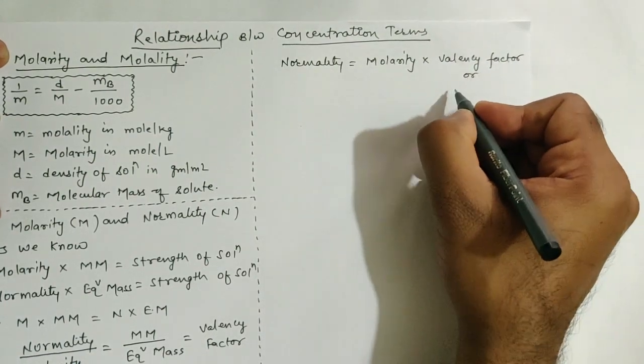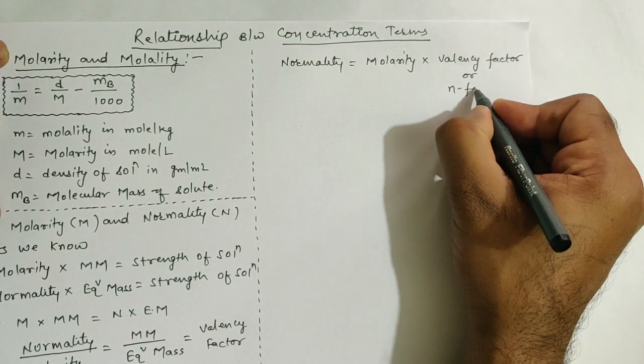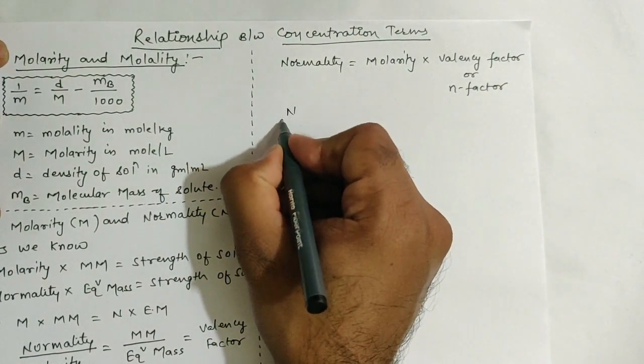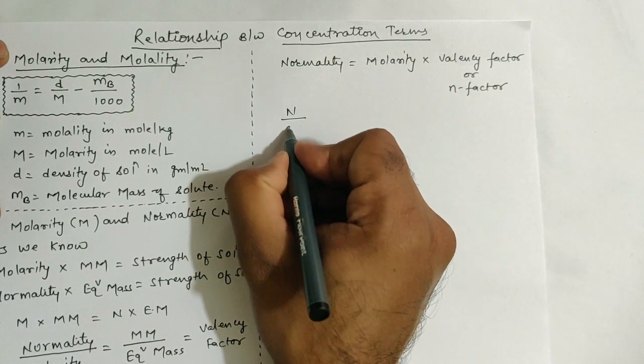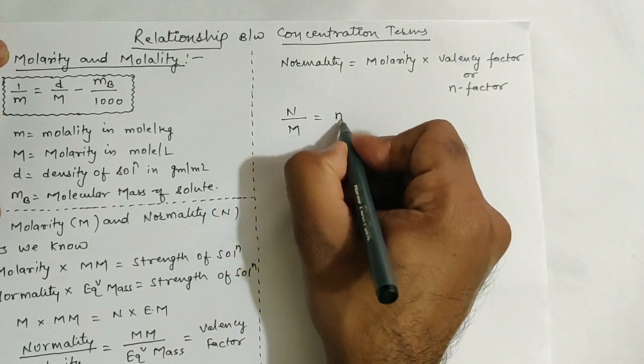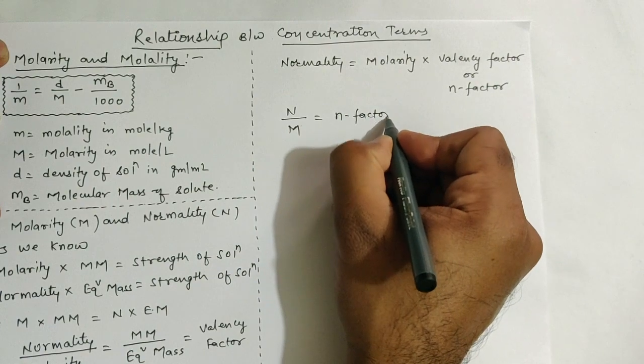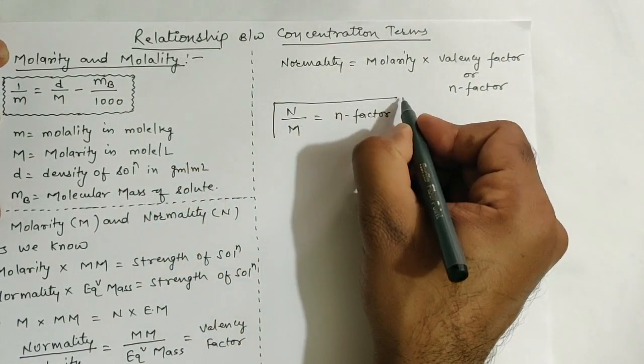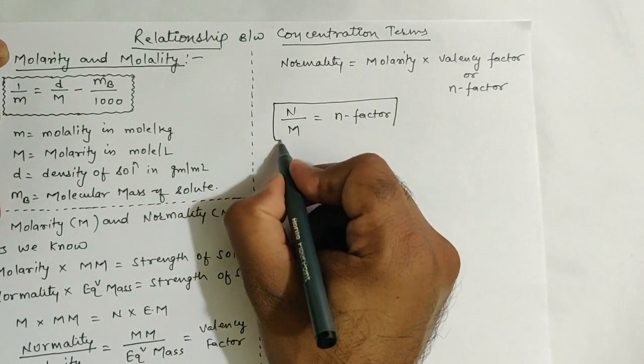Valency factor is also known as N factor. Hence normality divided by molarity gives the N factor. This is the relationship between normality and molarity.